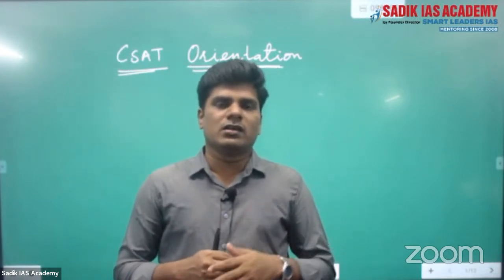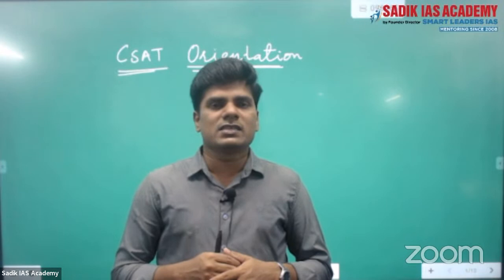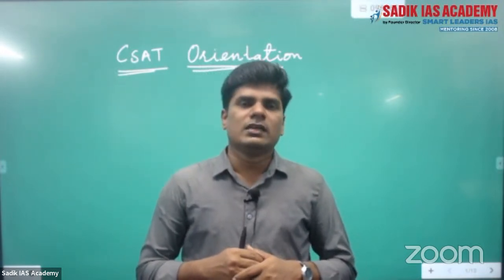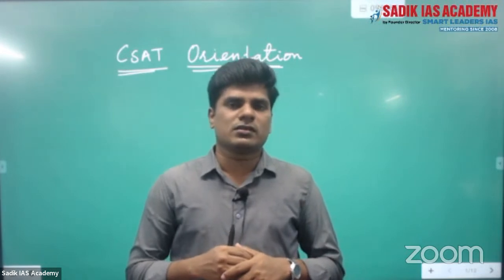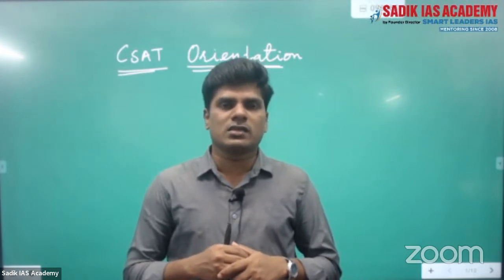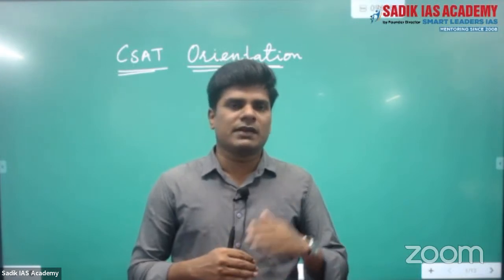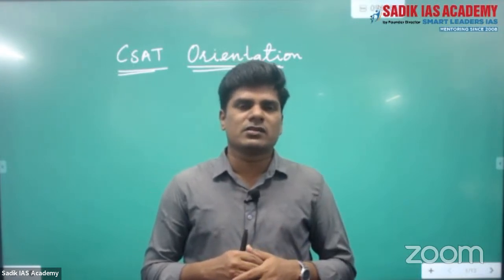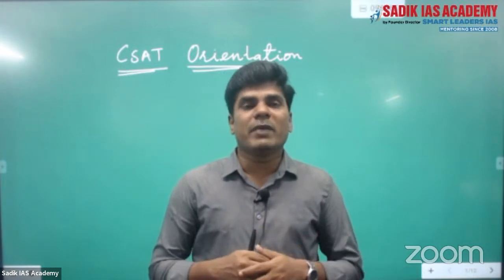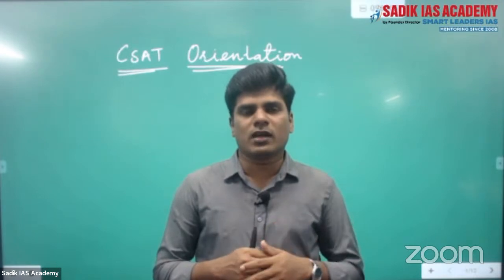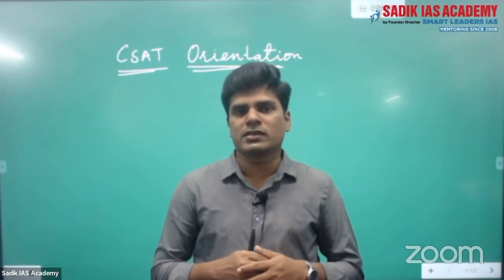Afterwards I'll tell you the various methods you can use to solve the aptitude questions asked in the CSAT paper. I've come up with 8 different methods through which you can answer the mathematics part of the paper.